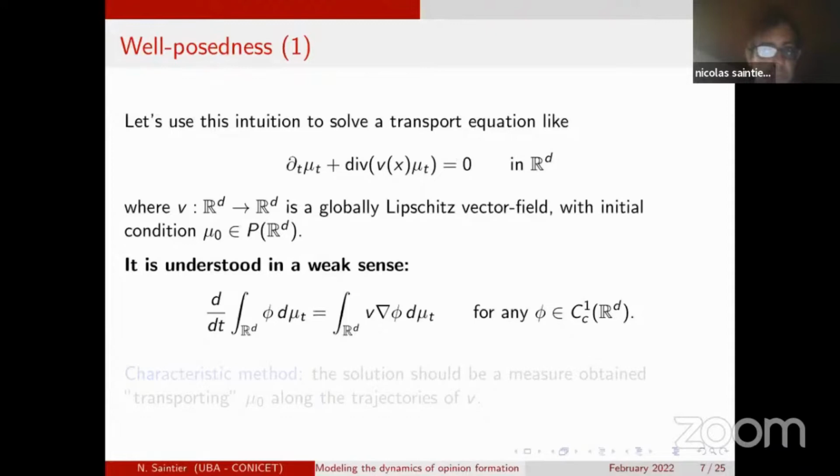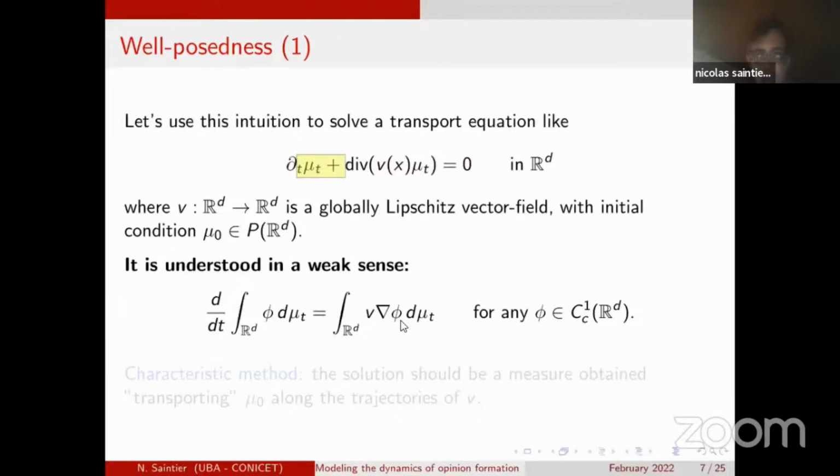And then I want to solve this equation, this conservation law, this transport equation. So first thing, since mu0 is a probability measure, and since we know in general that transport equations do not have a regularizing effect, we cannot expect mu t to be smooth. So we have to understand this equation from a weak point of view. So I will take this definition of being a solution of this equation.